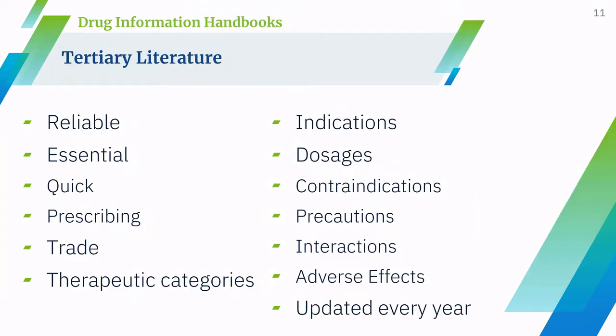These drug information handbooks are a reliable source for fast, accurate and quick essential prescribing and trade information on all medicines with their therapeutic categories, contents, indications, dosage, contraindications, precautions, interactions, adverse effects and prices.